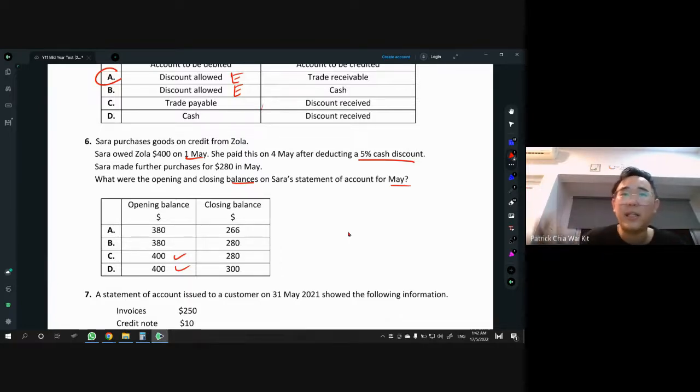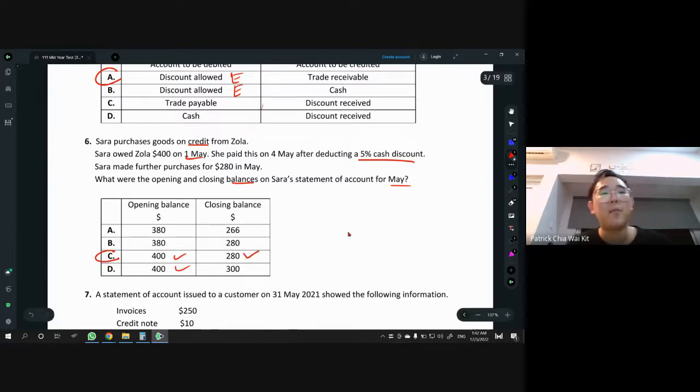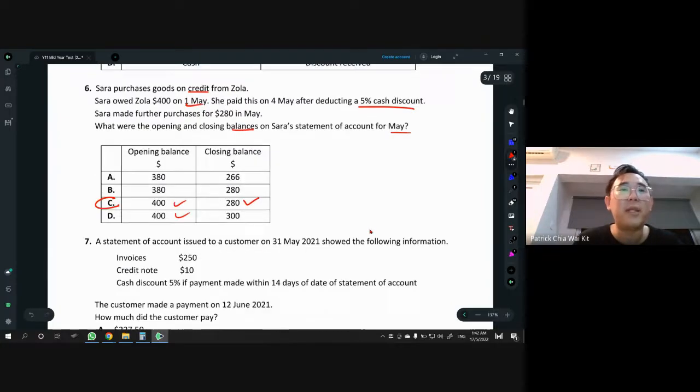So we assume that it's not being paid, because every time she bought, she bought on credit. So therefore, Sarah owes 280 at the end of this. Haven't paid yet. So the answer here will be C. Closing balance is 280. Opening balance is 400. Okay, not 300, because the 5% is deducted already. The 400 is settled. Okay, she paid off everything.